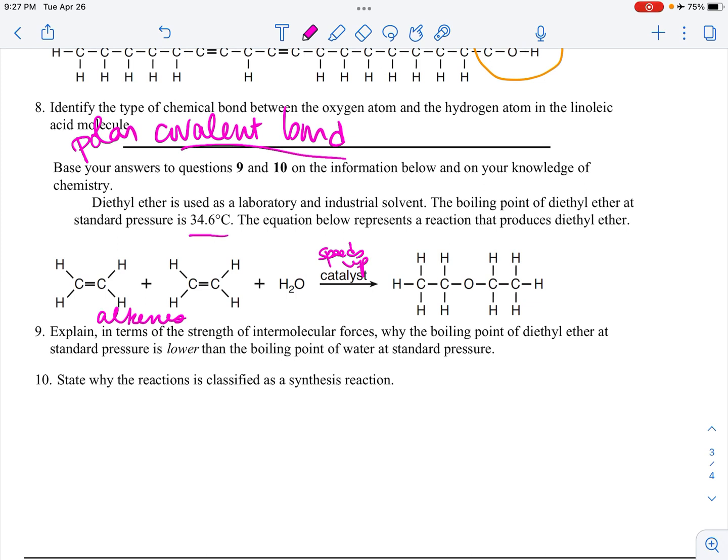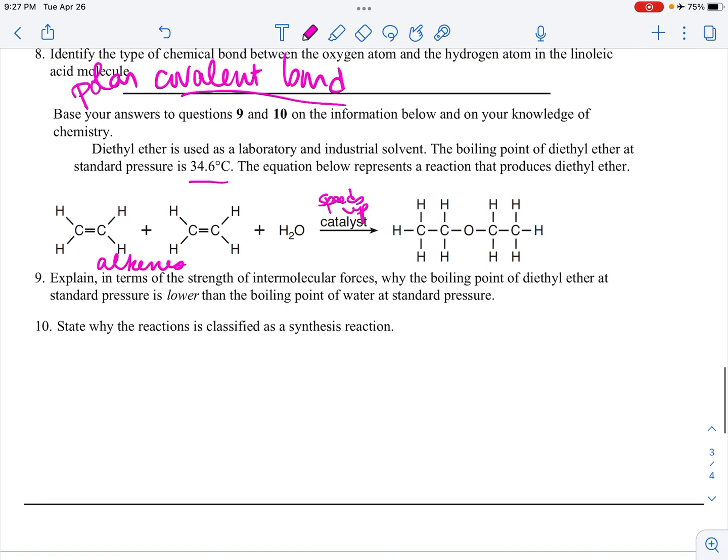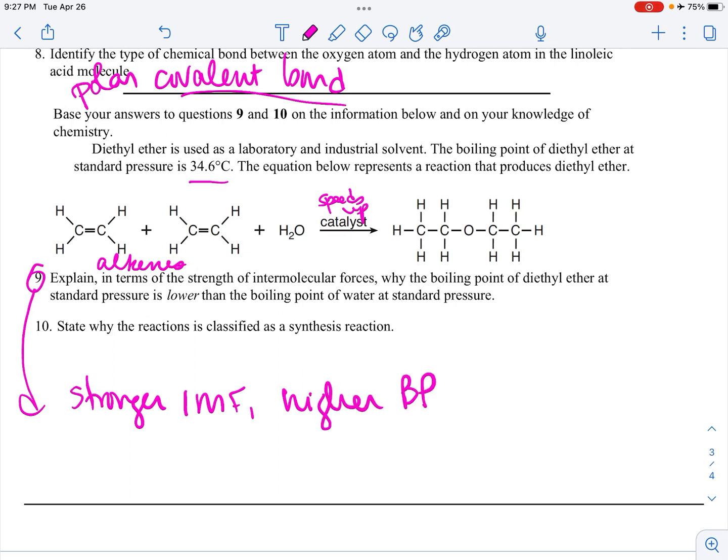Explain in terms of the strength of intermolecular forces why the boiling point of diethyl ether at standard pressure is lower than the boiling point of water at standard pressure. Well, let me give you some room here. The stronger intermolecular forces is going to have the higher boiling point. And if you think about it, when you are held tightly as a solid, you're not boiling.